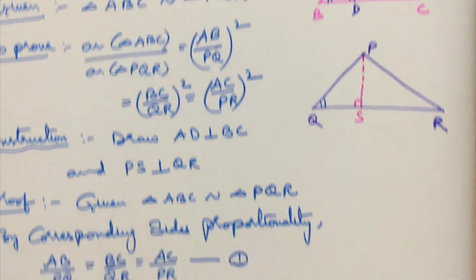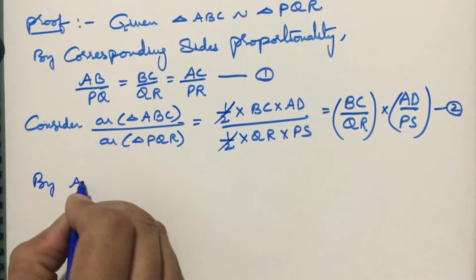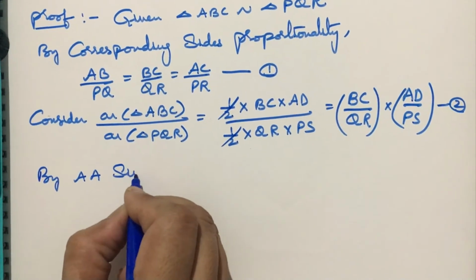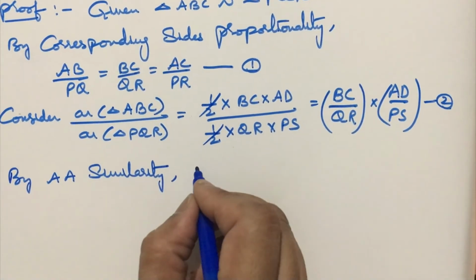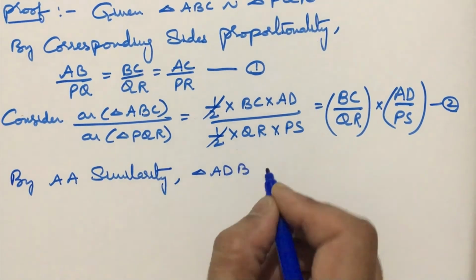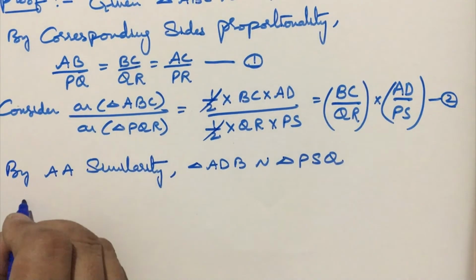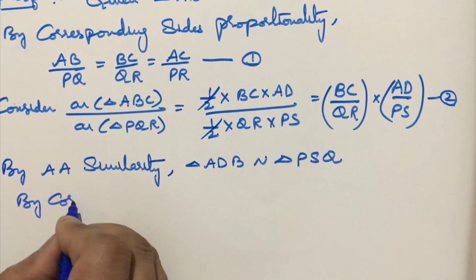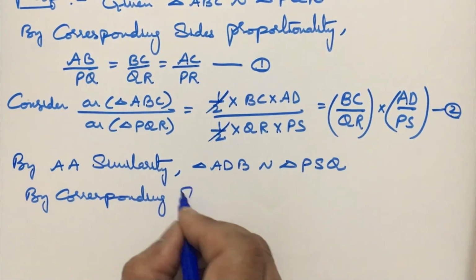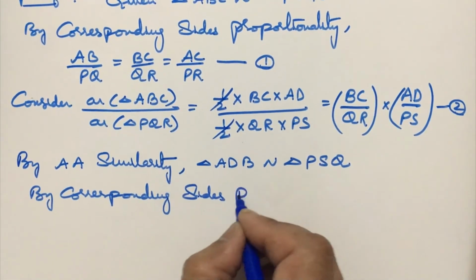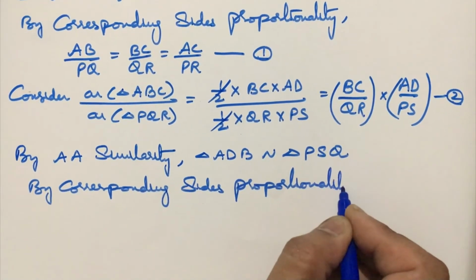Now I am writing that by AA similarity, triangle ADB is similar to triangle PSQ. Now I can take the corresponding sides proportionality.